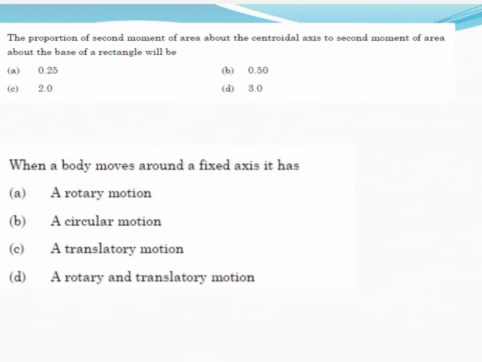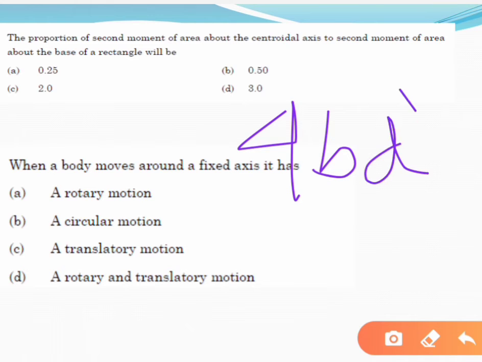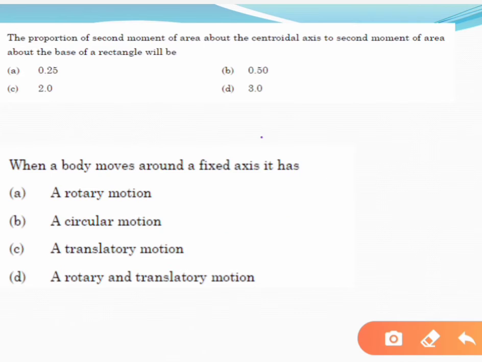That means the second moment of area about the base will be 4 b d cube by 12. So the ratio of b d cube by 12 to 4 b d cube by 12 will be 0.25. The correct option is 0.25, option A.